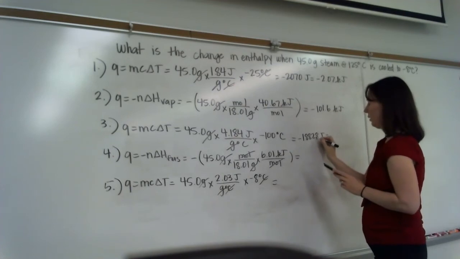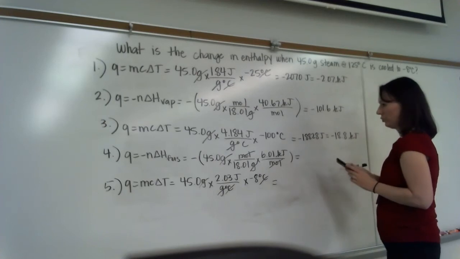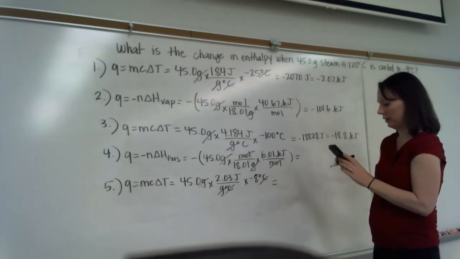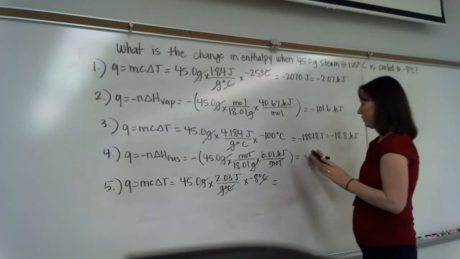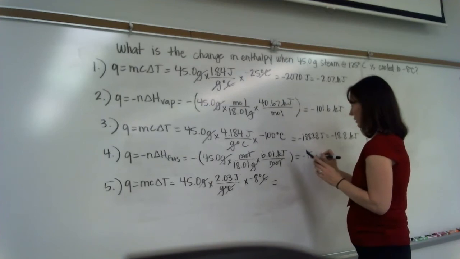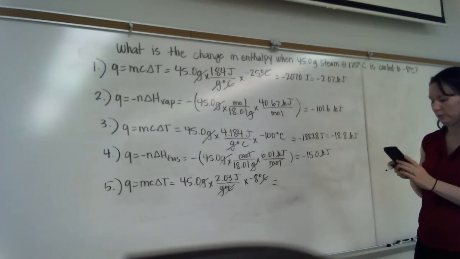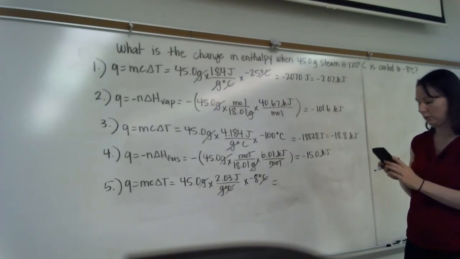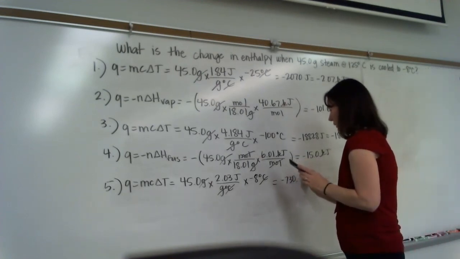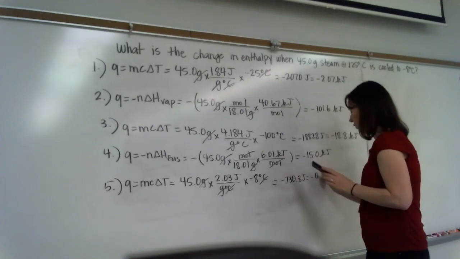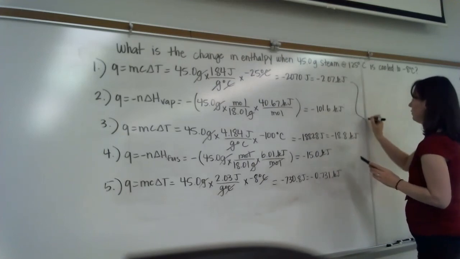Move the decimal 3, so negative 18.8 kilojoules. 45 times 6.01 divided by 18.01 is negative 15 kilojoules. And then 45 times 8 times 2.03 gives me negative 730.8 joules, so negative 0.731 kilojoules. Do we agree on all those values?